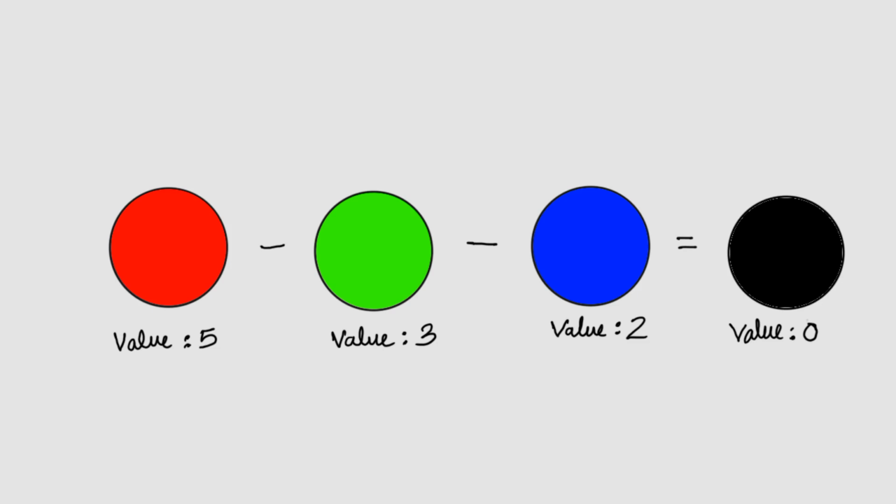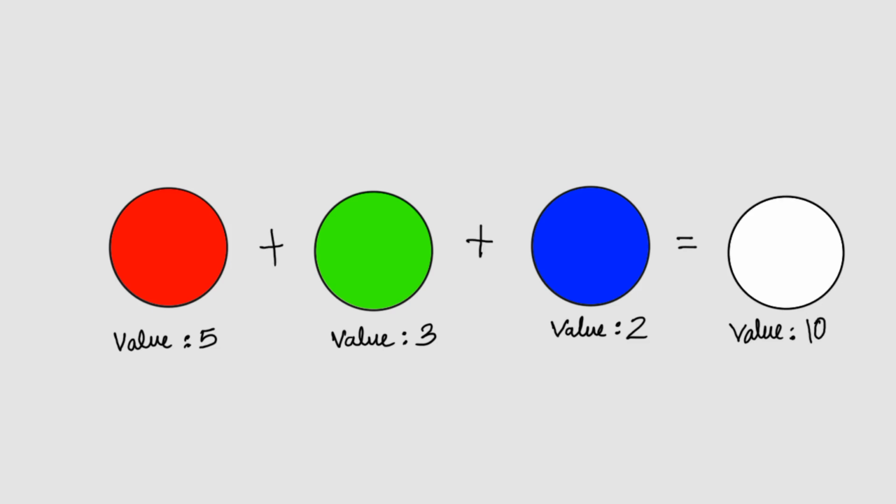So if you're mixing the colors red, green and blue, the wavelength of green and blue will be subtracted from the wavelength of red and we are left with the value 0, which gives us the color black. Whereas in the additive color model, instead of mixing paints, we are basically mixing colored lights. So the values are added, and if we mix green, red, and blue, we are left with the value 10, which corresponds to the color white.